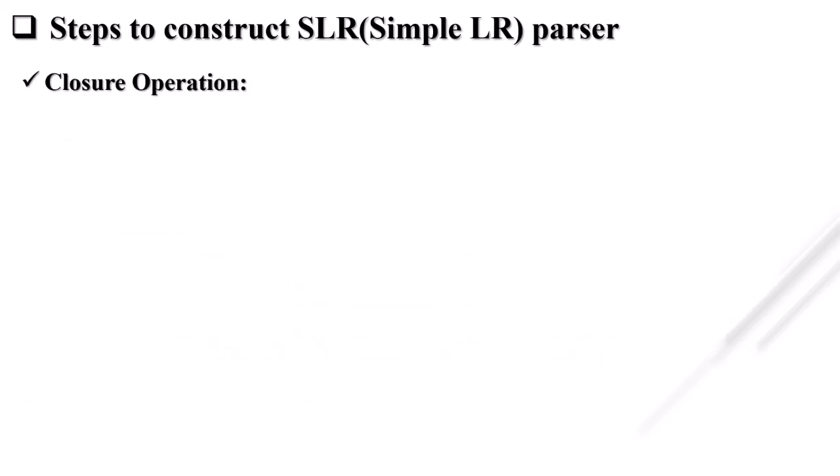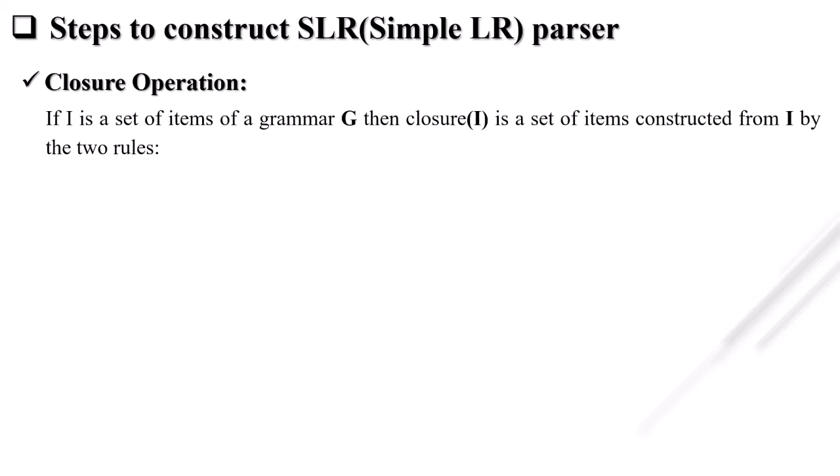What is next? In the canonical collection of LR0 items, the closure operation will also be there. What is it? If I is a set of items of a grammar, then closure of I is a set of items constructed from I by the two rules.